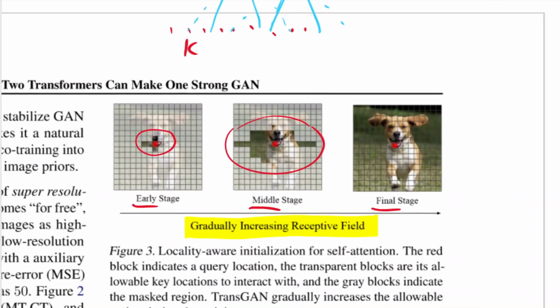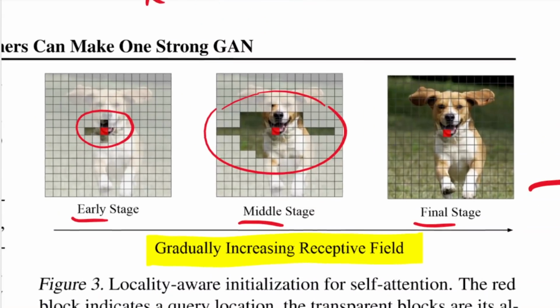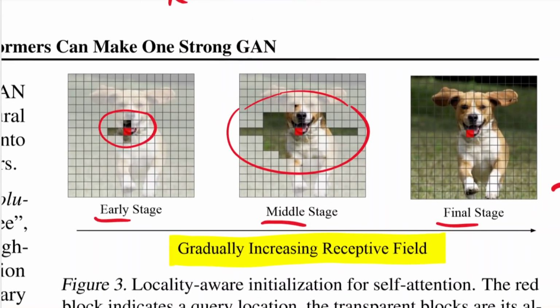Though I am fairly convinced you wouldn't maybe have to do this as a fixed schedule, right? This is like a fixed schedule. I say, okay, you're allowed to look at this many neighbors, and then after this many steps, this, and so on. I'm fairly convinced you could somehow formulate this maybe as a 2-player game, right?